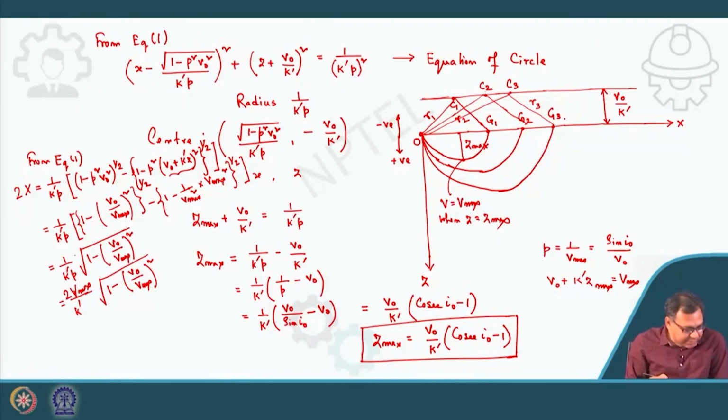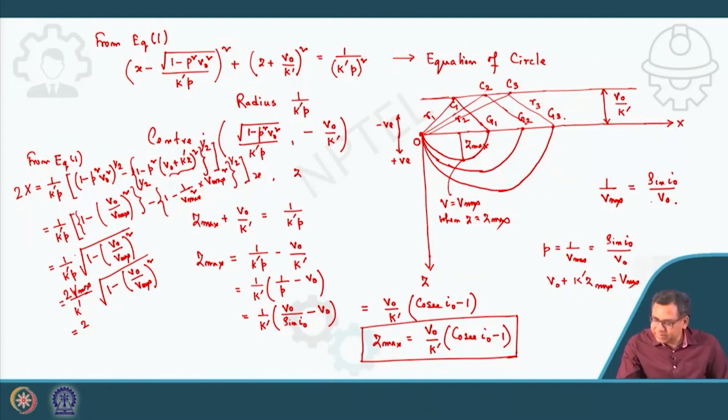Now here we can write that 1 by V max will be equal to sin I0 by V0. Now if I put that value, this will be twice 1 by V max.